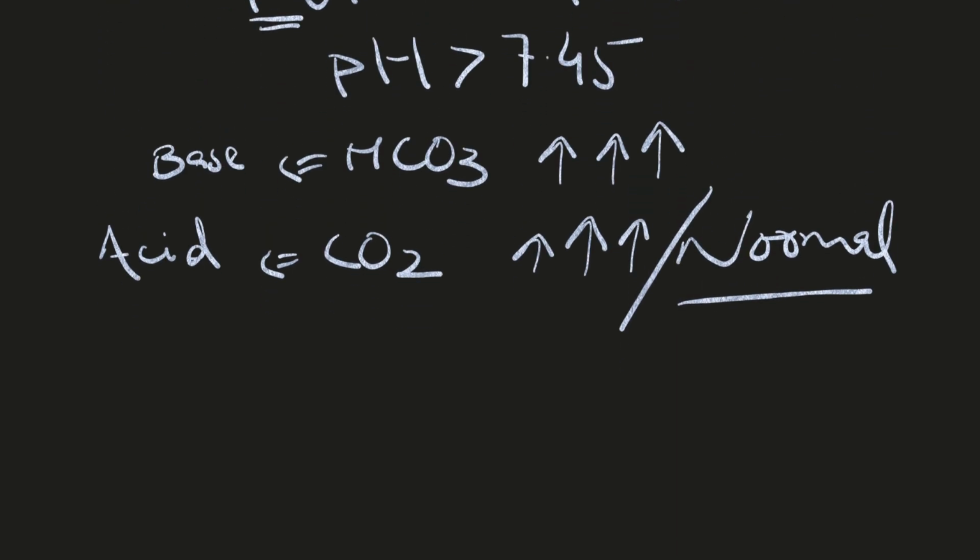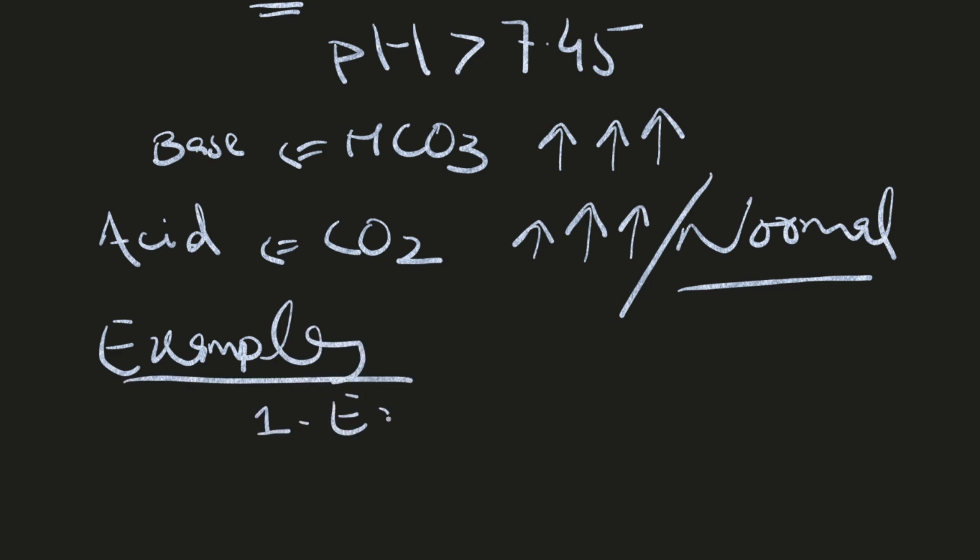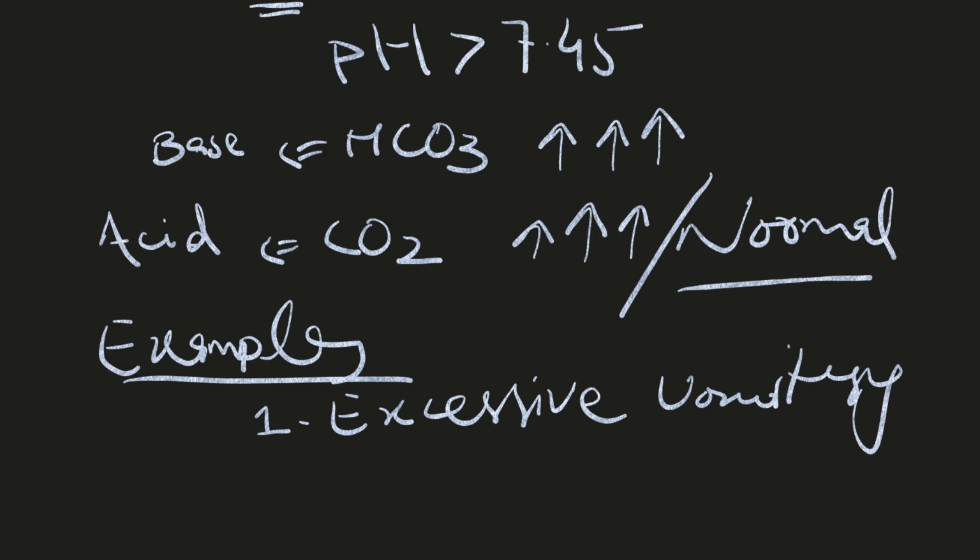What might be the examples of metabolic alkalosis? First one, excessive vomiting. Number two, I can think of excessive use of antacids.